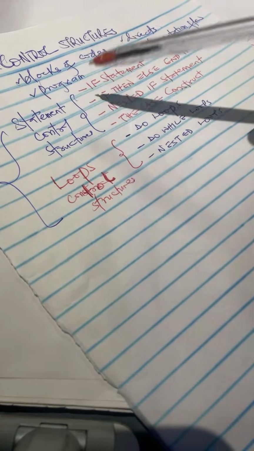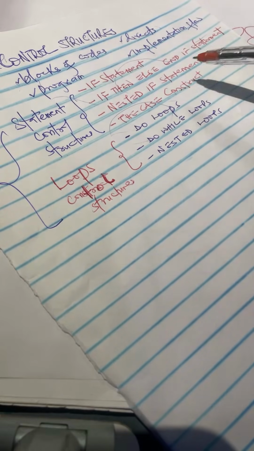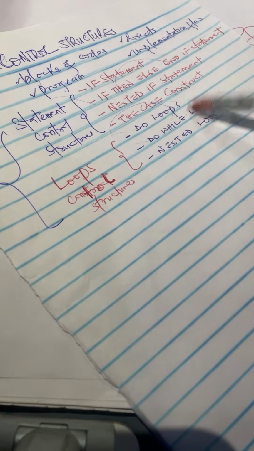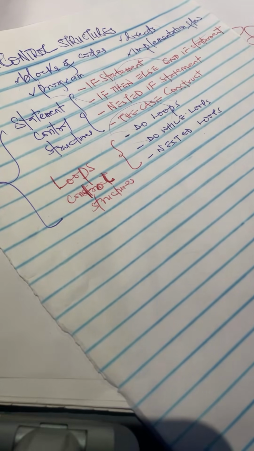Both of them are control structures, but they are classified. These are for the statements, while these ones are for the loops.